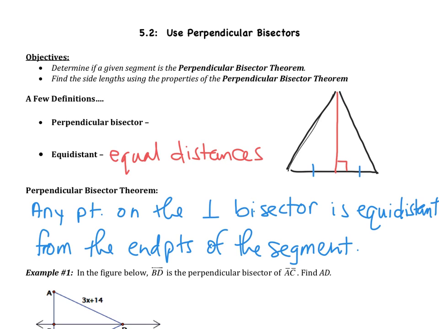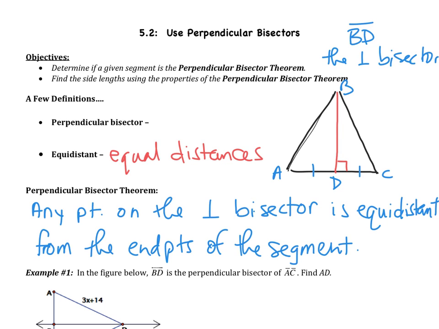All right, in the triangle, I'm going to label A, B, C, D. So BD is referred to as the perpendicular bisector because it's the one that is perpendicular and it is cutting AC in half.